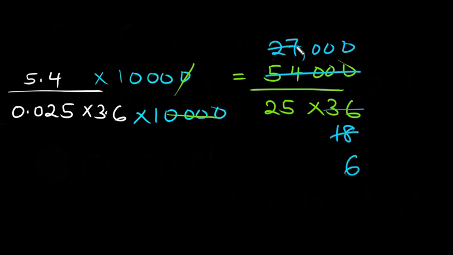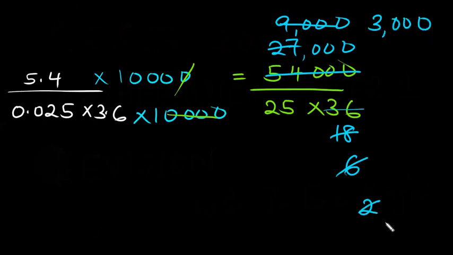By 3 it's 9,000. Then we can also divide by 3 again. It's going to be 2. Then this one is going to be 3,000. And then by 2 it's 1. By 2 it's 1,500.